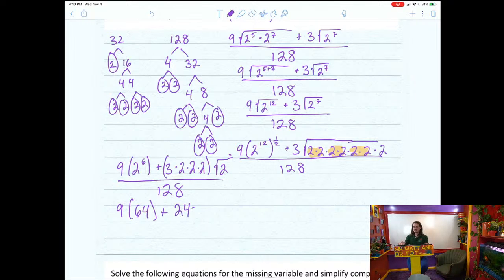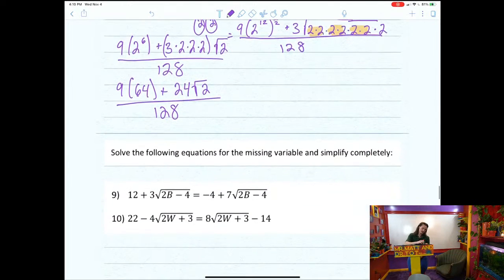And lastly, let's see if 128, we have a common factor of 9. So let's see if 128 is divisible by 9. It's not. Let's see if 128 is divisible by 3. It's not. So this is going to be in final form. Except, well actually, we have 64 there. Let me see 24.